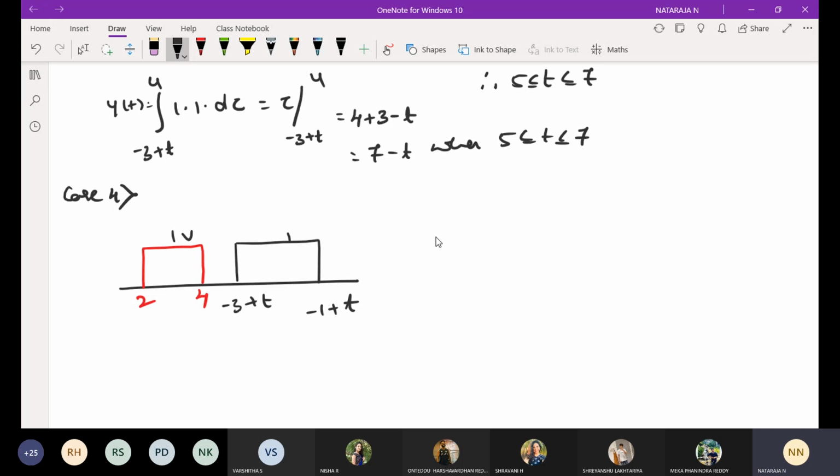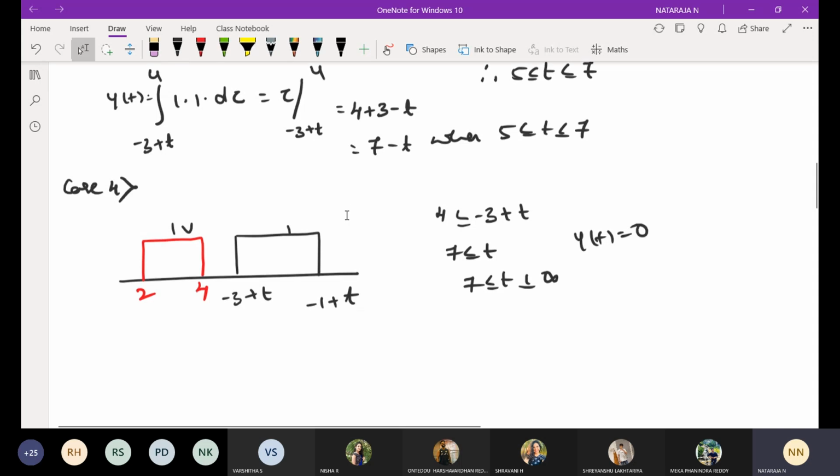Now this already went outside, so I am going to consider this as 4 less than or equal to minus 3 plus t, so that you will get 7 less than or equal to t, or t will lie between 7 to infinity. Now y of t will be 0.